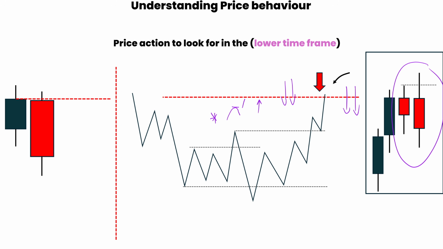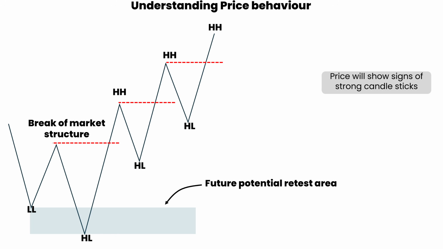And another thing, if you want to put some confluence into your trade, you can add break of market structure. Let's say you have this line here. This will be your higher time frame area. You will wait for price to come to this area to break the market structure, and then you'll be looking to go long around this area or even return back here.